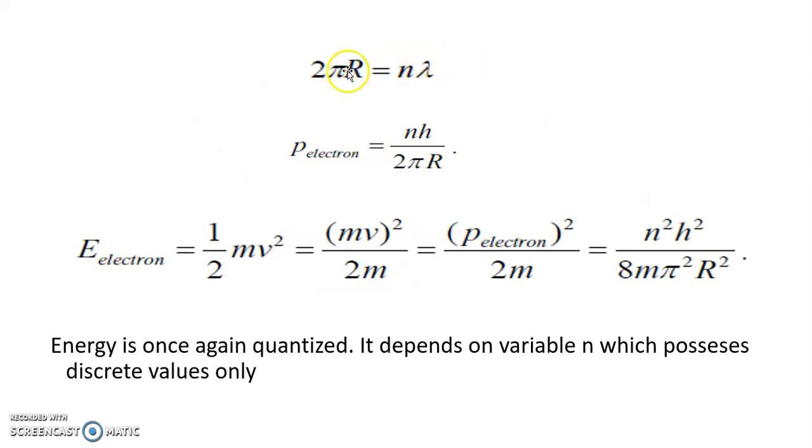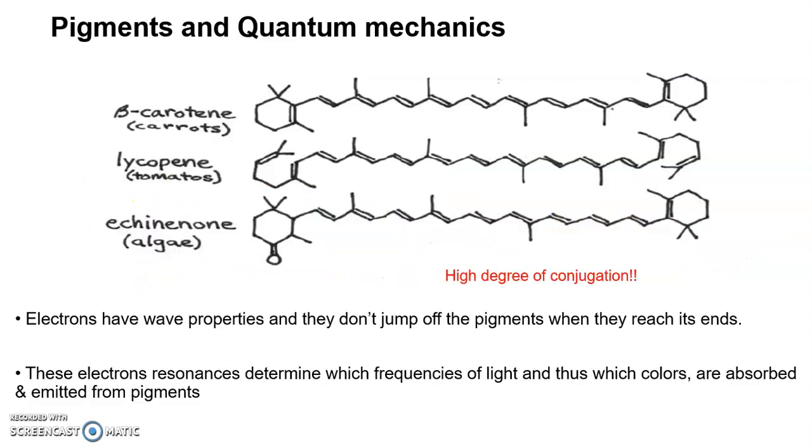So you can easily calculate E electron equals half m v square, giving n square h square by 8 pi square m r square. The energy is once again quantized and depends on a variable which possesses discrete values only. So this is a very important formula with very good applications, like anthracene.